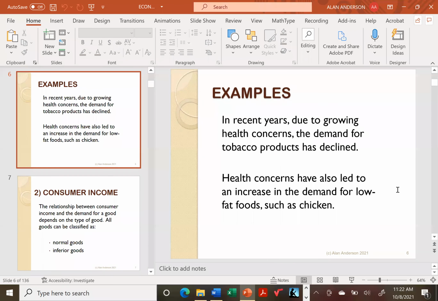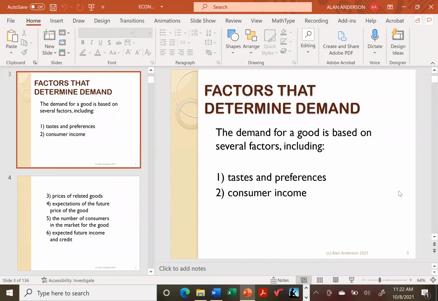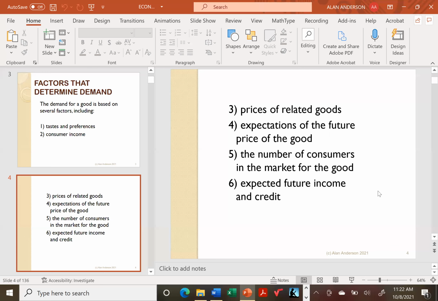So just a quick reminder, this is the list. Tastes and preferences, consumer incomes, prices of related goods, meaning substitutes and complements, expectations of the future price of the good, number of consumers in the market, and incomes and or credit.